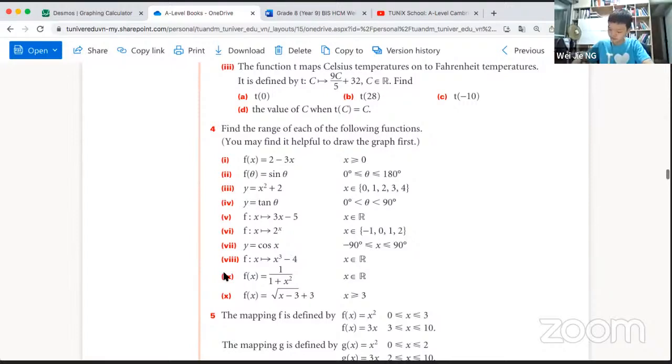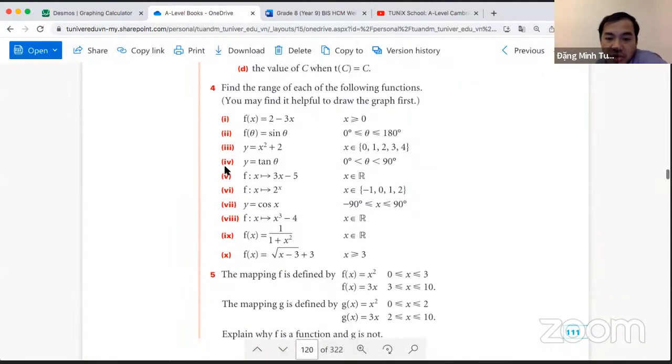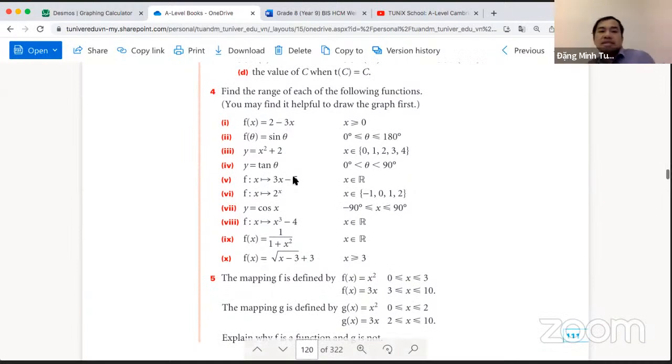This step plays an important role for you. Take it step by step to understand. So the homework for this one: take question number 4 and question number 5, to map all of this, on page 120.